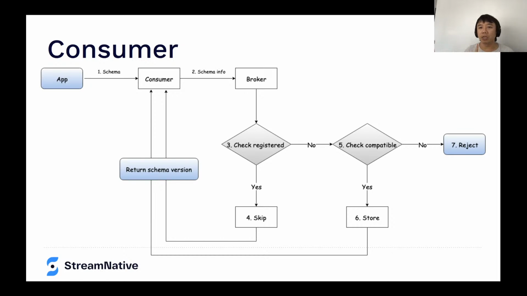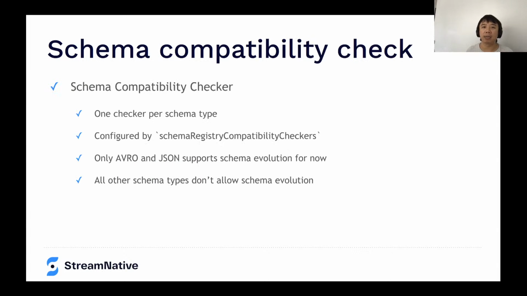In this producer and consumer workflow, one important thing is checking the compatibility. This is done by a schema compatibility checker, and the checker is actually one checker per schema type.